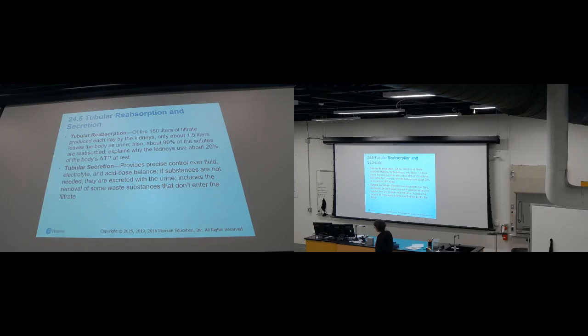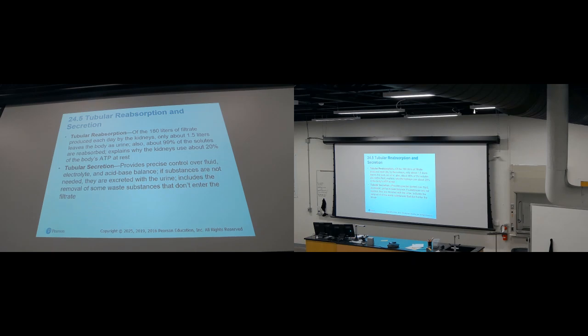And then we do so within these tubular segments. So the area where we reabsorb the most is the PCT. That's where we have these cuboidal cells with a lot of microvilli. But we still do so in the loop of Henle and as well in the DCT, and sometimes even in the collecting ducts. So that's the process of reabsorption. And then in tubular secretion, we basically get rid of anything that we don't need.